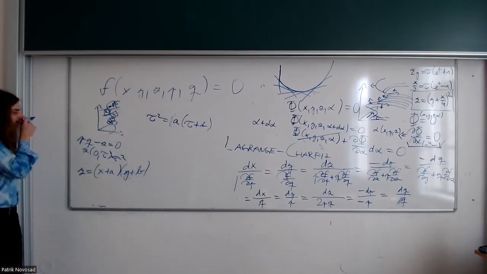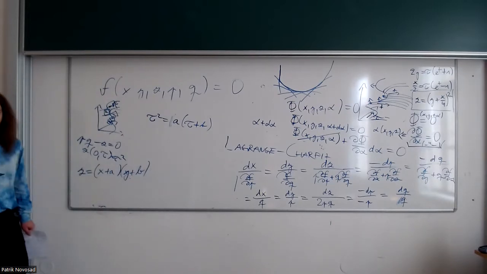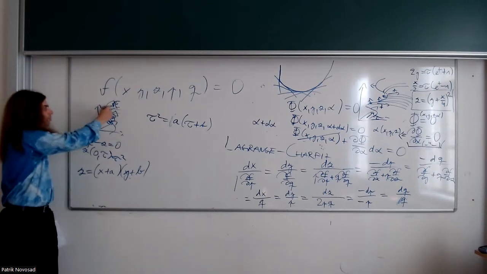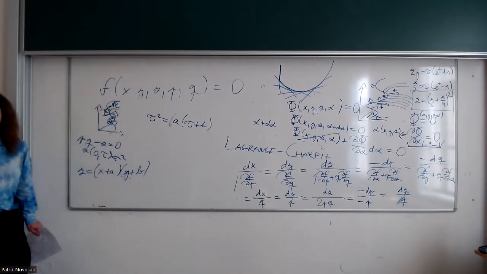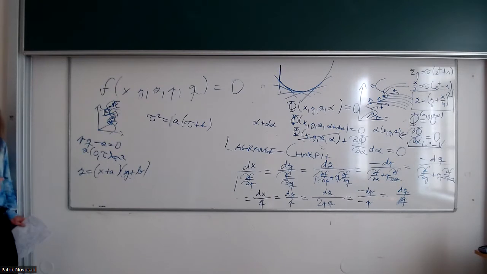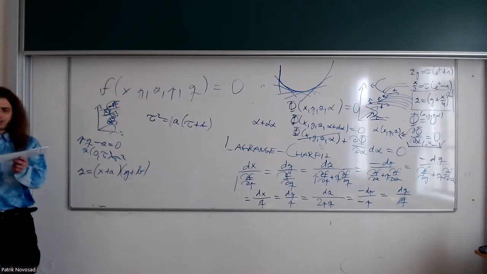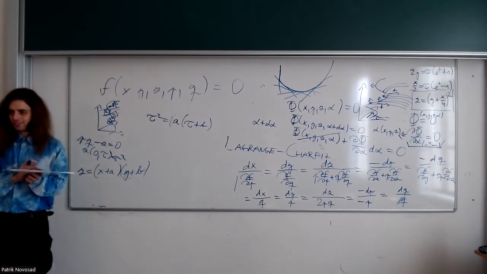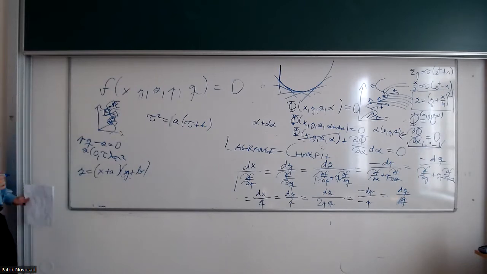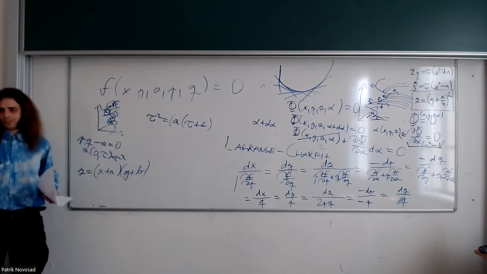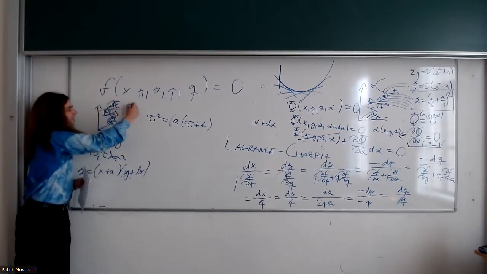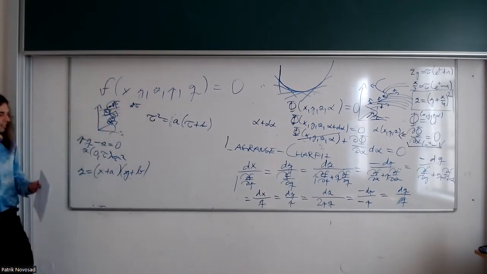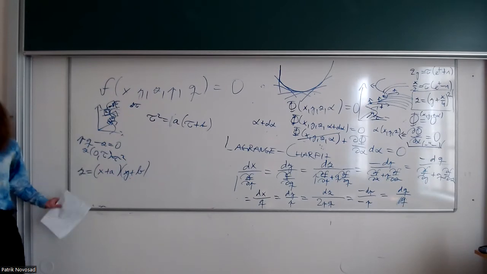On the other hand, we said that we demand that at each of those points of the initial data, we need the surface to be tangent to that curve, which means that if we, once more, advance the tau by d tau, then we still need to be on the same surface.